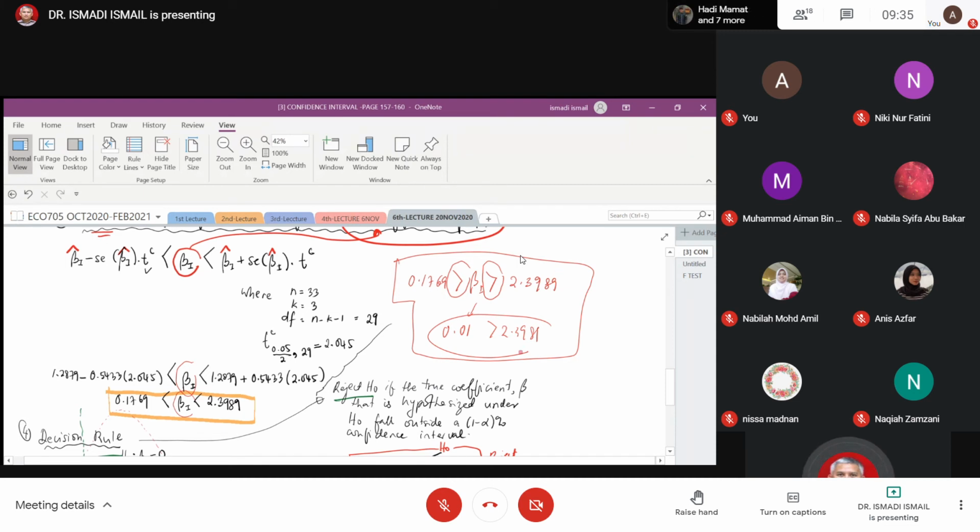In reality, how come 0.01 is greater than 2 point something? So don't be over creative, up to a point that we tend to be irrational.